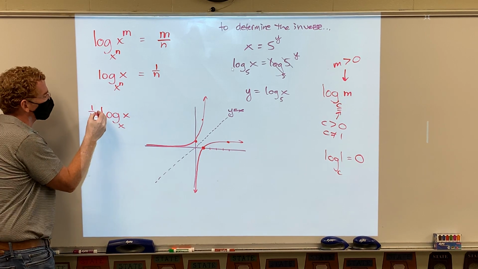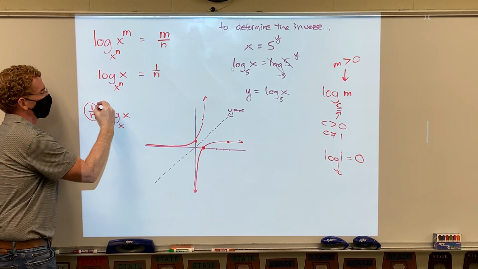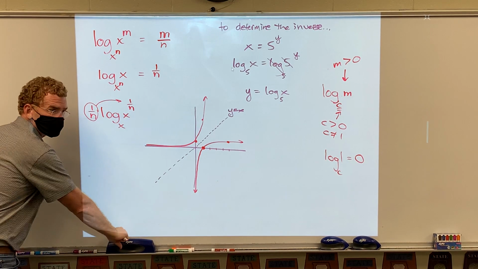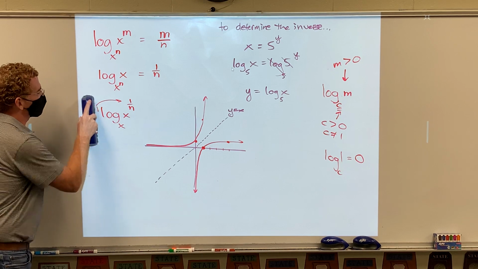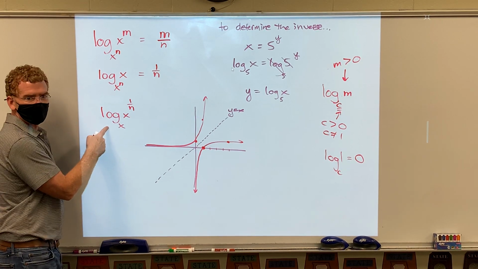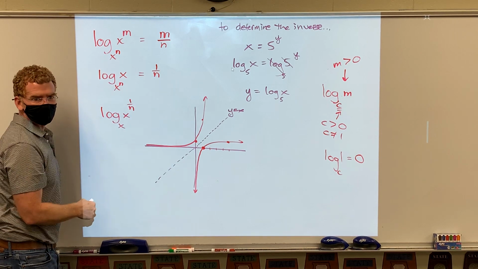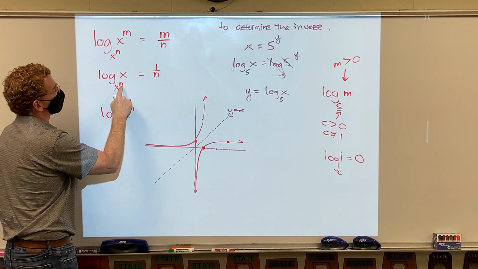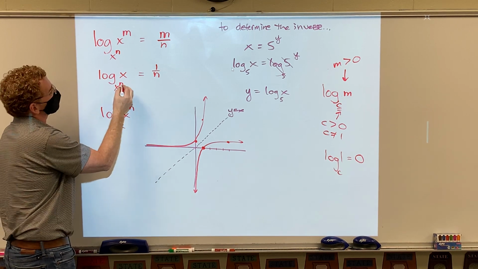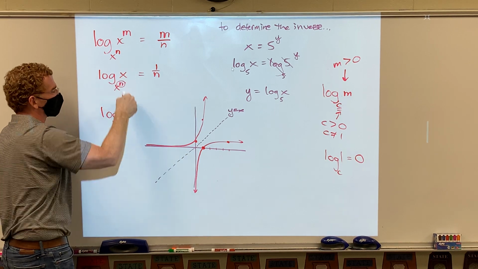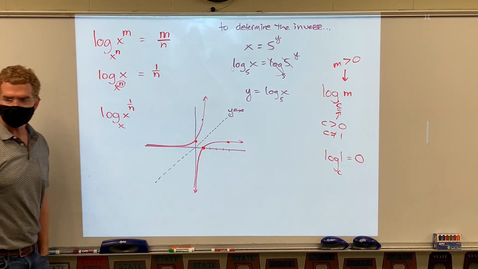And aren't you allowed to take numbers in the front and swing them up right here? If I did that, what would this be equal to? Still 1 over n. So doesn't that imply that this n on the bottom is the same thing as taking that n, the power on the bottom, and making it a 1 over n power on the top?